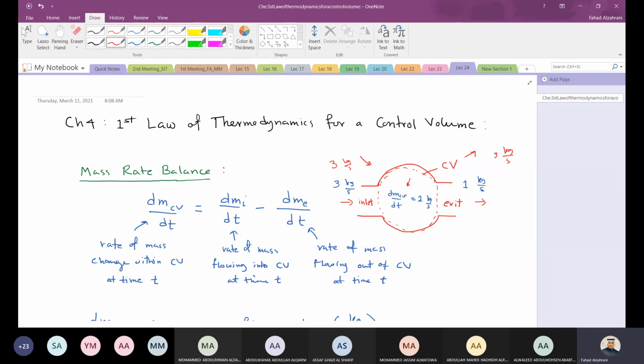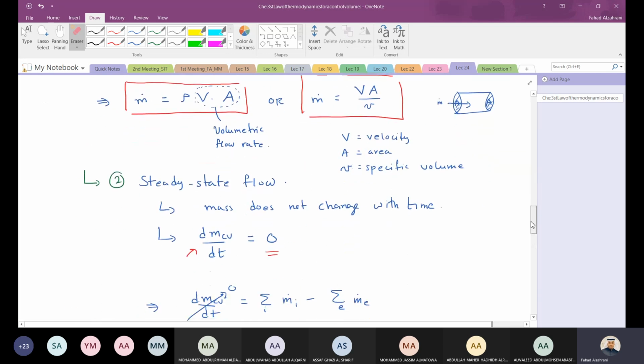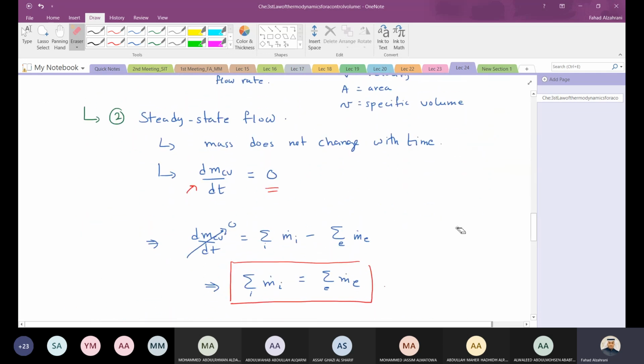So it depends on the mass flow rate of the inlet flowing into the control volume and flowing out of the control volume. If they are equal, then there is no change, or if it's a steady state, okay, there is no change of the mass of the system, which means I can write my mass balance here.